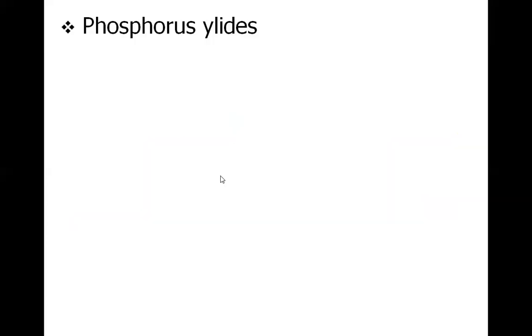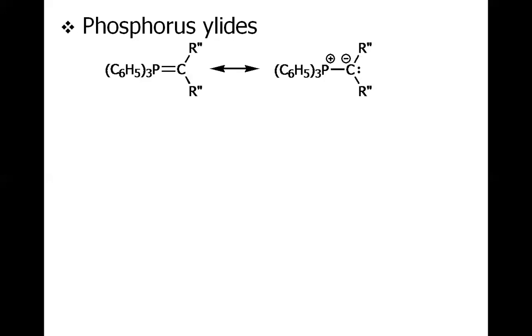So now let us discuss what an ylide is, and the phosphorus ylide. Basically, an ylide is an electrically neutral species which has positive and negative charges on adjacent atoms, and if the positive charge center is phosphorus, it is called a phosphorus ylide.